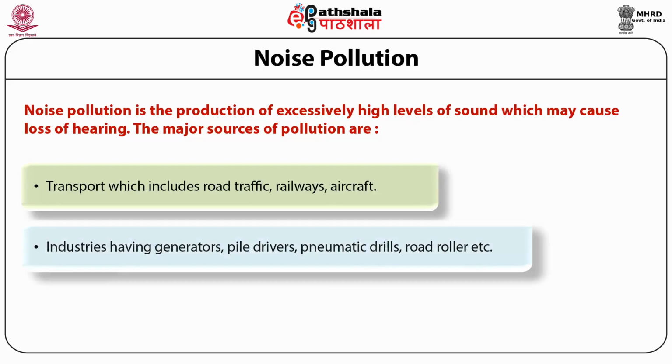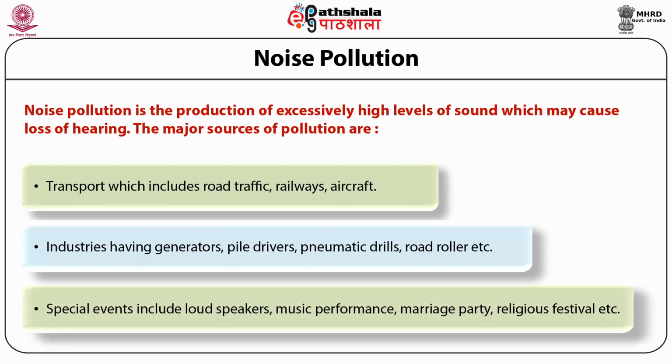Second source is industries having generators, pile drivers, pneumatic drills, road rollers, etc. Third source of pollution is special events which include loudspeakers, music performance, marriage party, religious festival, etc.